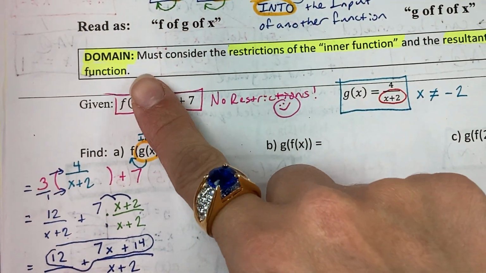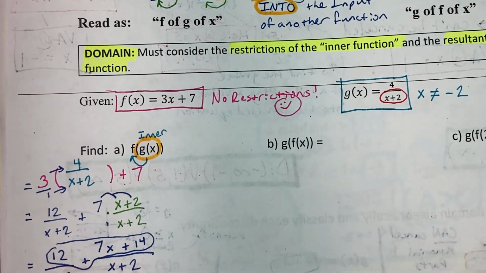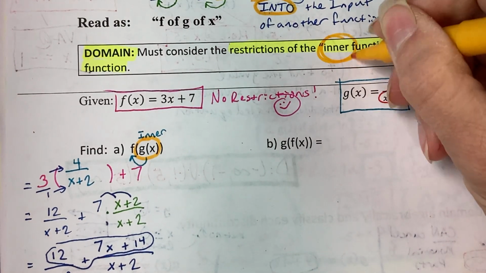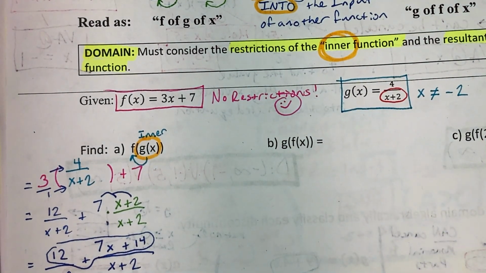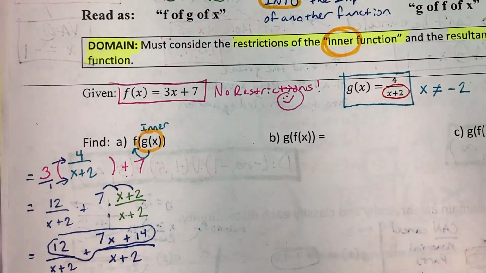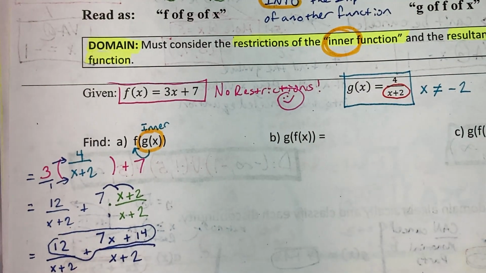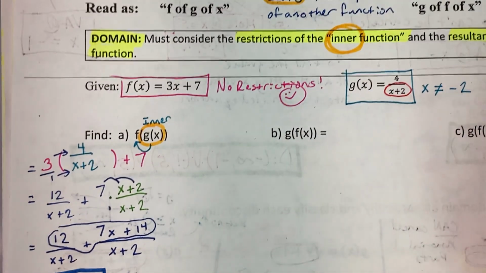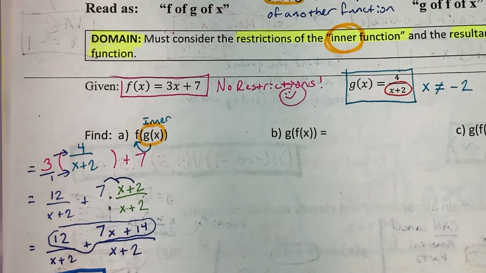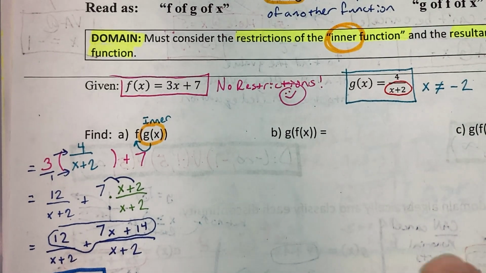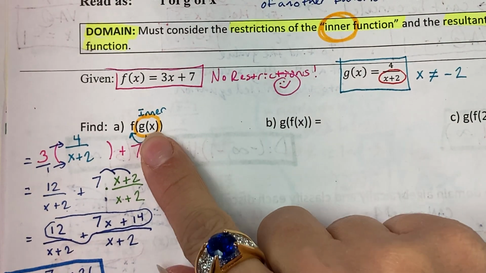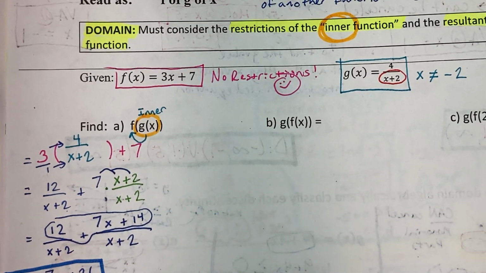For the domain, we have to consider the restrictions of the inner function and the resultant composite function. So let's go ahead and look at who our inner function is on this one. Our inner function is g of x.